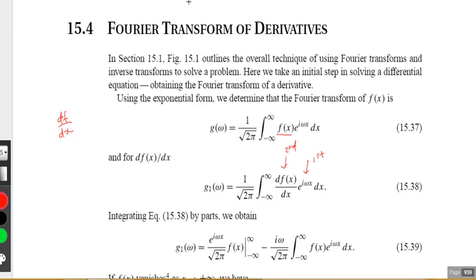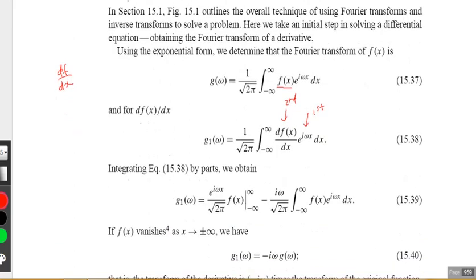Now if f of x vanishes at x equal to plus infinity and minus infinity, then this term vanishes. So g1 of omega will be equal to just this term. Now what is this quantity? 1 by root 2 pi integral from minus infinity to infinity f of x e raised to i omega x dx is equal to g of omega.